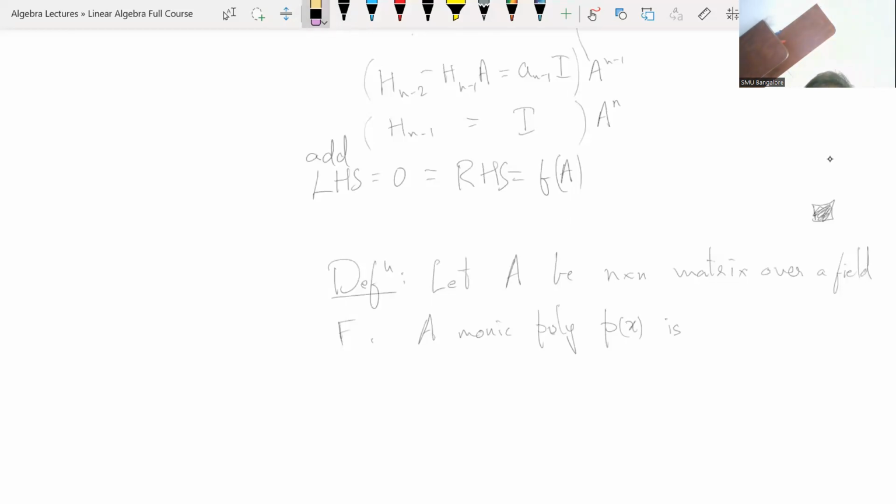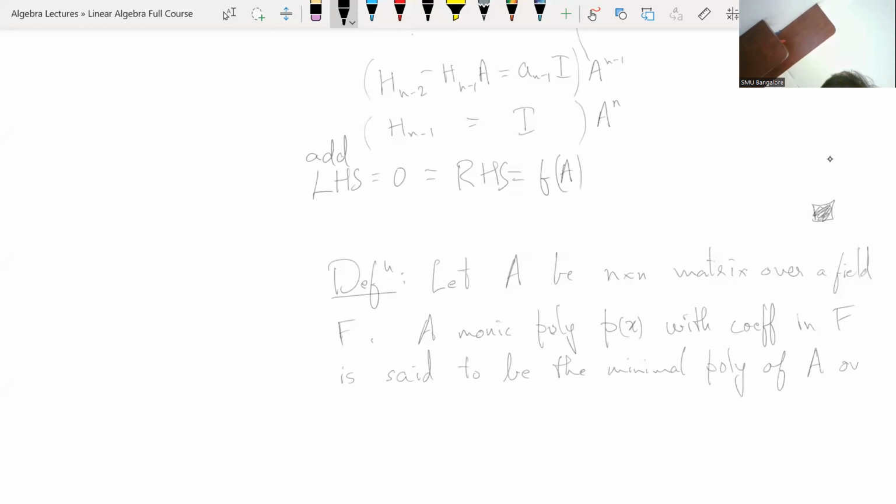with coefficients in F is said to be the minimal polynomial of A over F. So somehow the F is important as well.